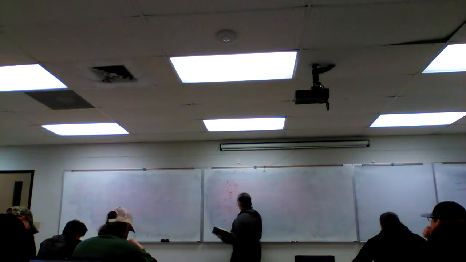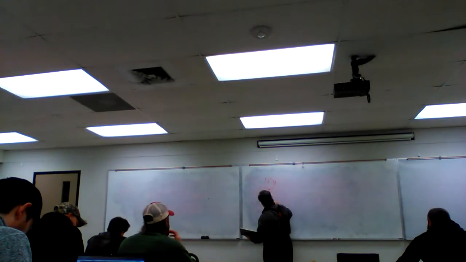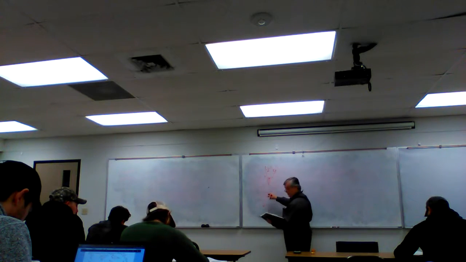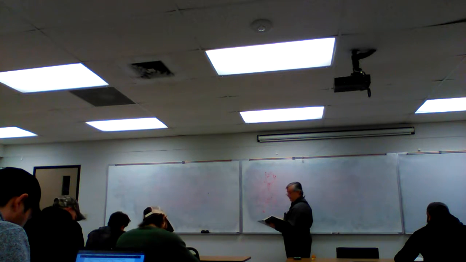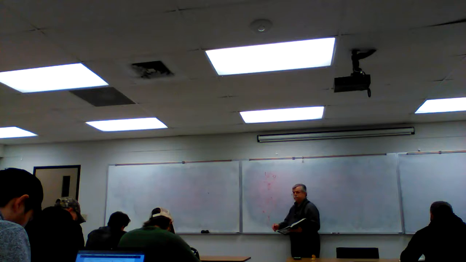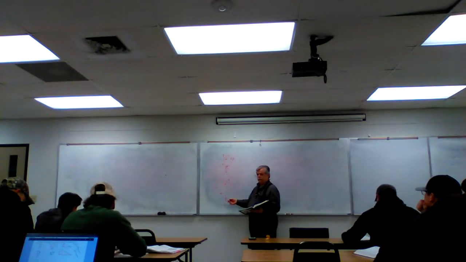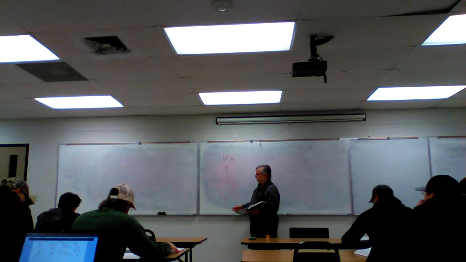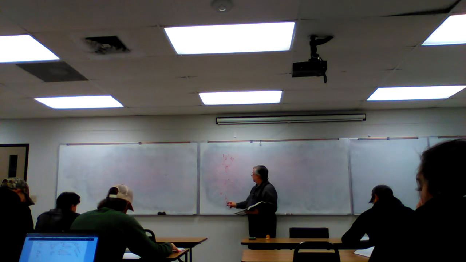Now it wants us to find the length of the short side here, x, and the missing angles, A, B, and C. Well, we already know the angles are the same because they're similar triangles.